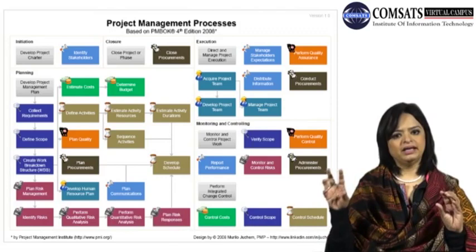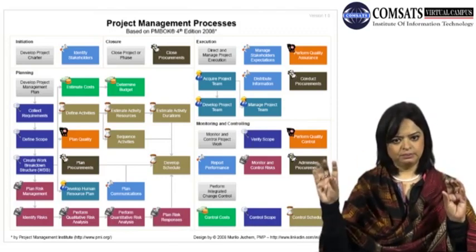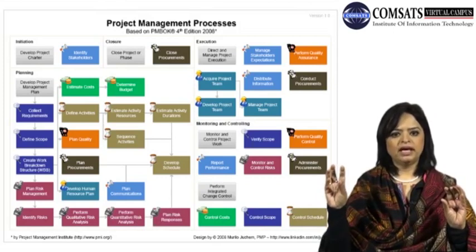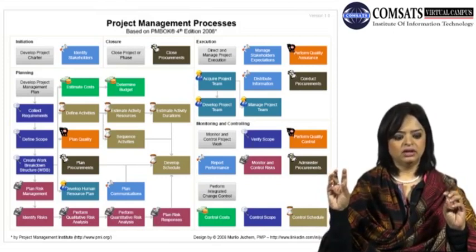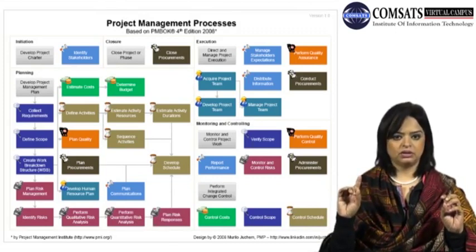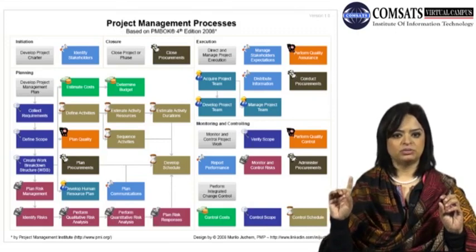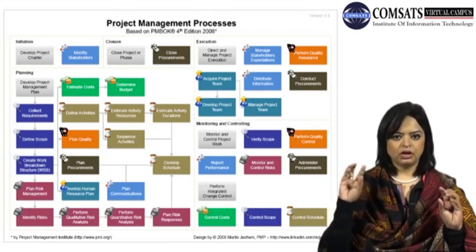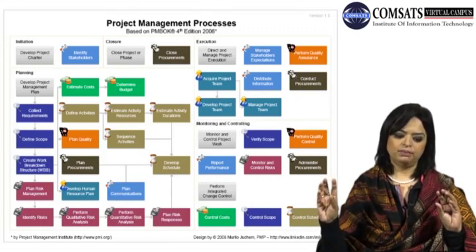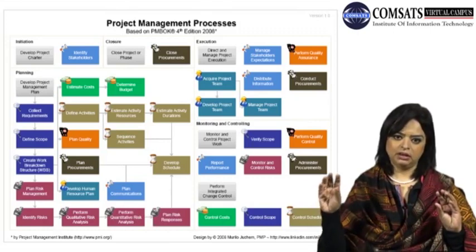You move on to the planning phase, again that bubble, one-way arrow. You go into the planning phase, and now you have development of a project management plan. Again, a tangible piece of document. Remember, every phase needs a tangible piece of document.